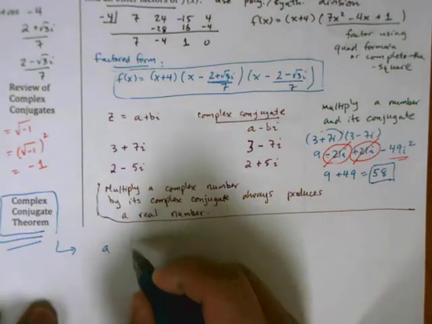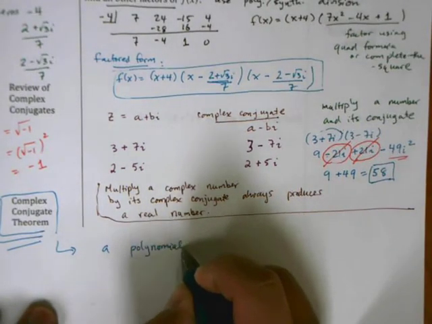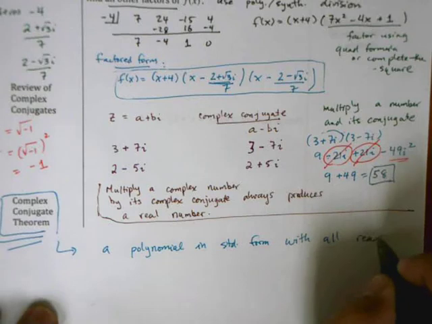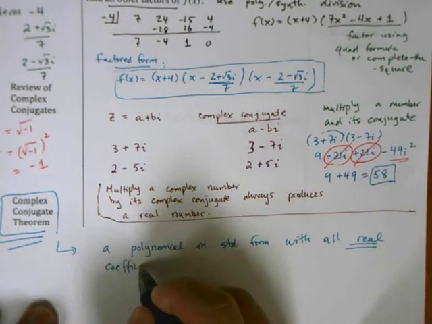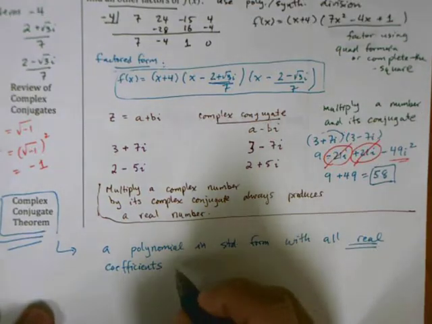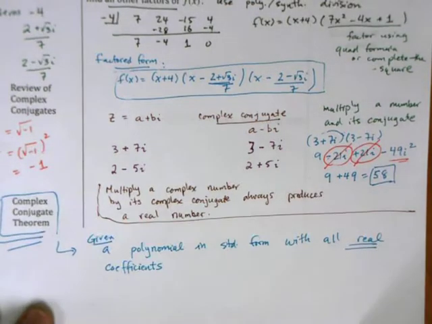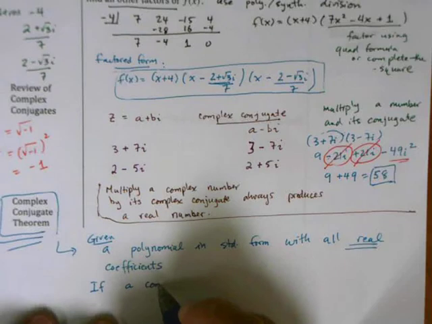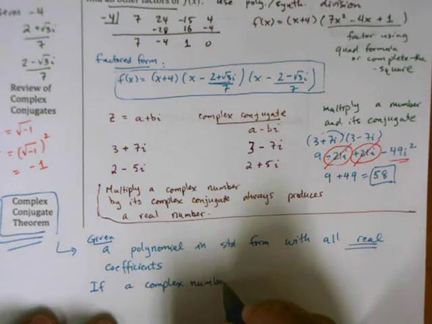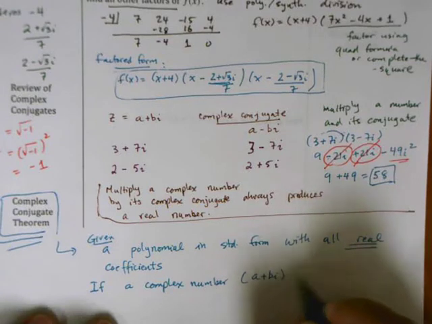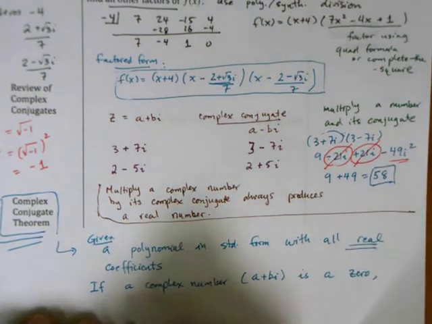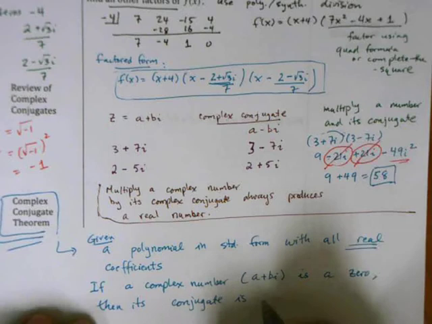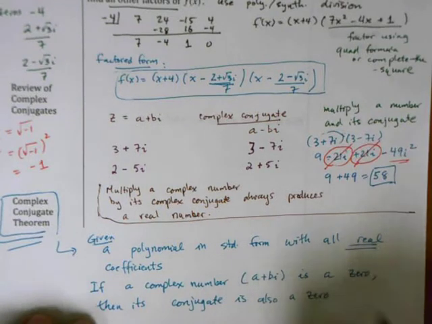This says: given a polynomial in standard form with all real coefficients, if a complex number, and we'll just call it a plus bi, is a 0, then its conjugate is also a 0. Okay.